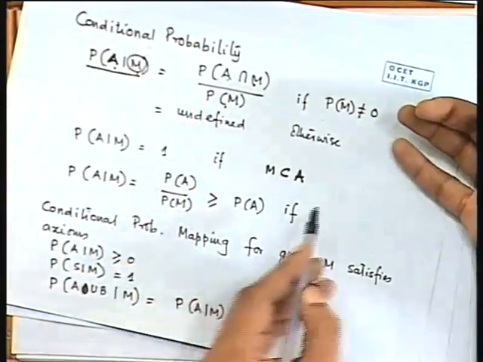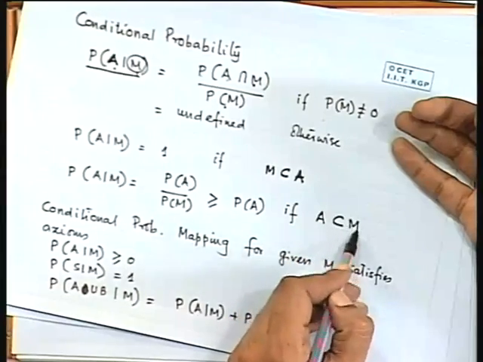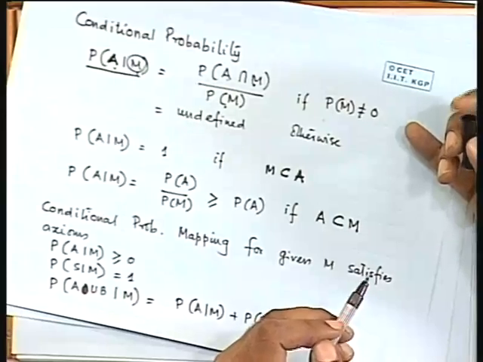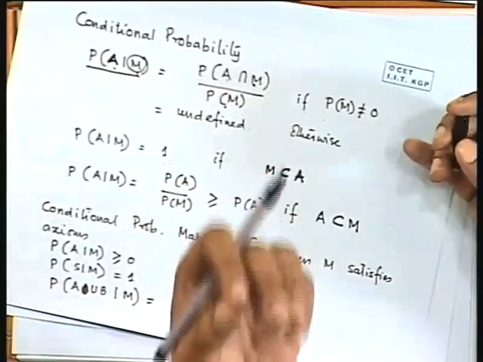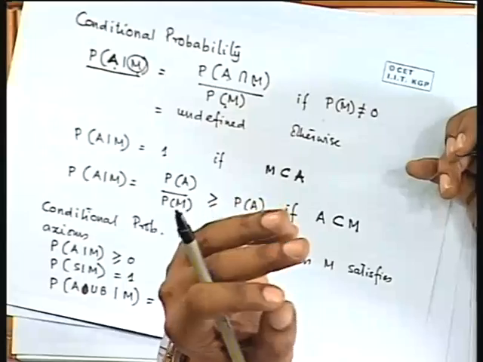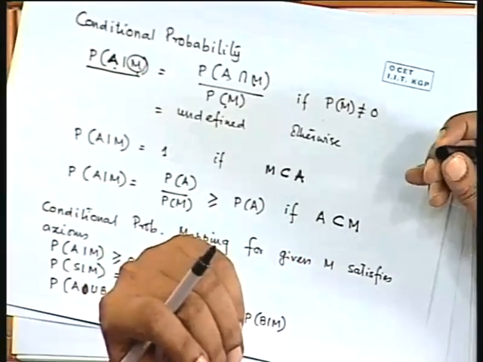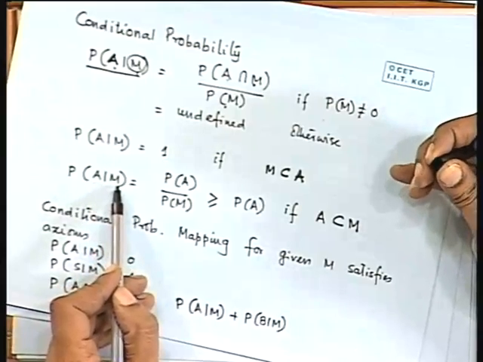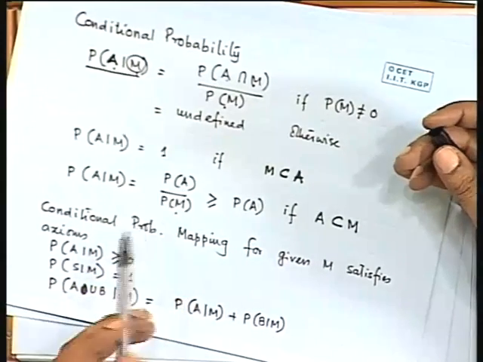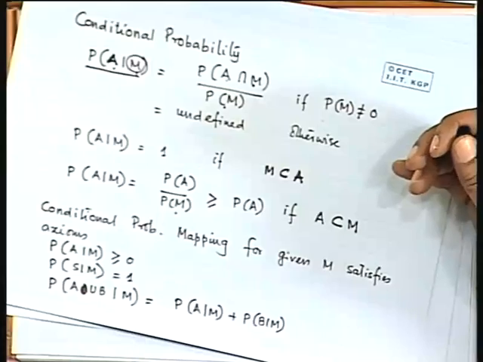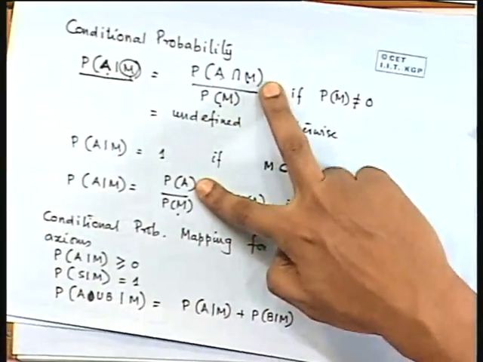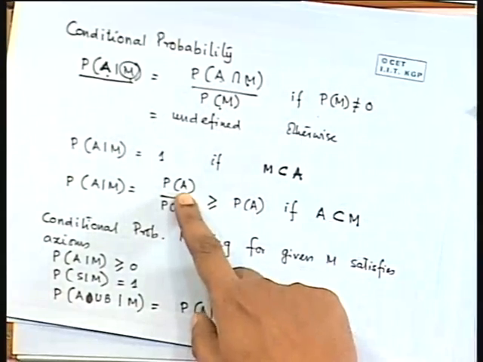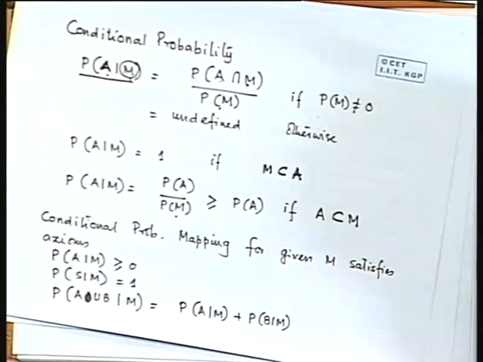On the other hand, if A is a subset of M, then M having happened does not mean that A has happened. There is also the possibility that something in M has occurred that is not in A. So in that case, the probability of A given M is the probability of A divided by the probability of M. Why is it the probability of A?